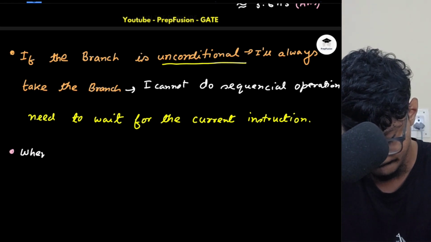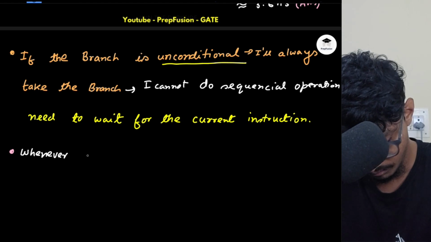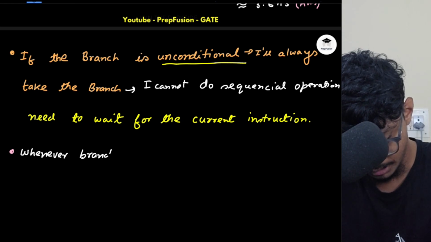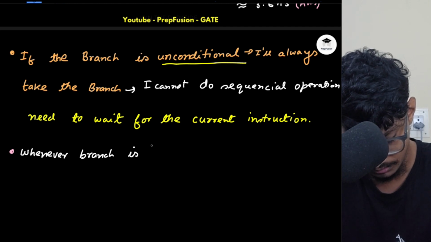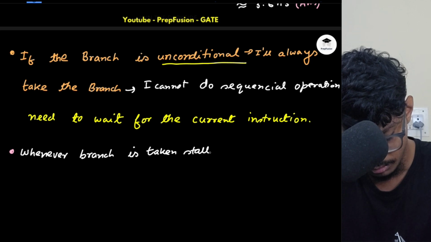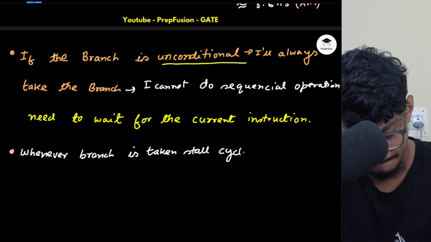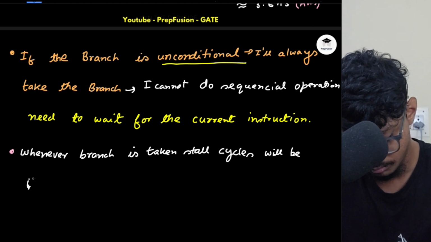whenever a branch is taken, stall cycles will be introduced.